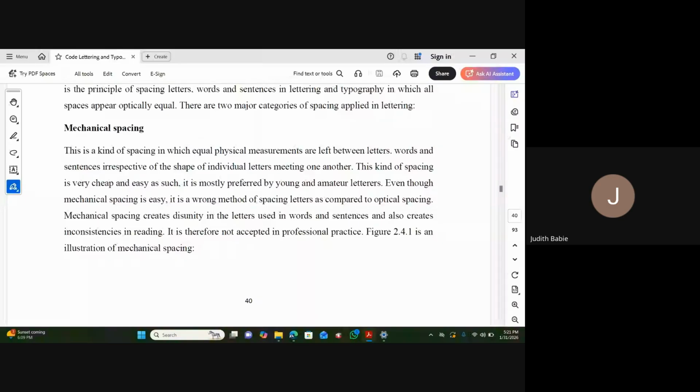It is mostly preferred by young and amateur letterers. Even though mechanical spacing is easy, it is wrong. It is a wrong method of spacing letters as compared to optical spacing. Mechanical spacing creates disunity in the letters used in words and sentences and also creates inconsistencies in reading. It is therefore not accepted in professional practice.